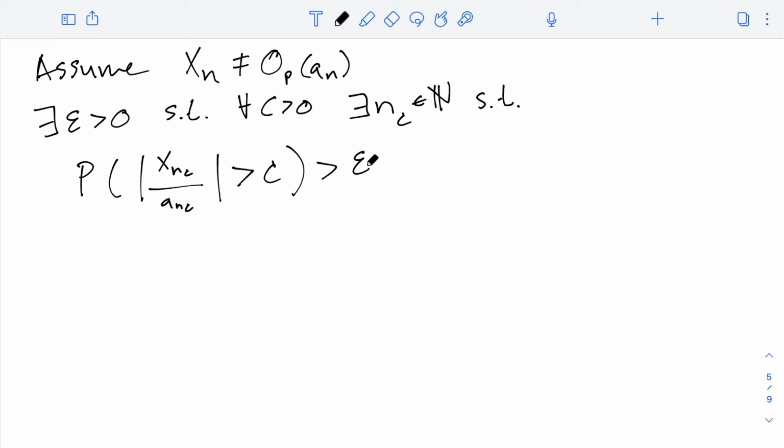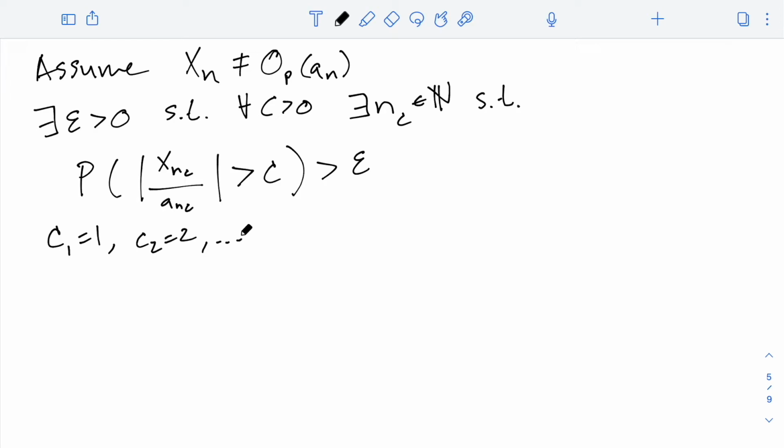So again, this is the opposite of being bounded in probability by an. We are now going to use this to construct a subsequence of Xn that is not little op of an. How do we do this? Well, there are many ways. One thing we could do is consider a sequence of c values. So maybe c1 equals 1, c2 equals 2, etc. Just this increasing sequence.